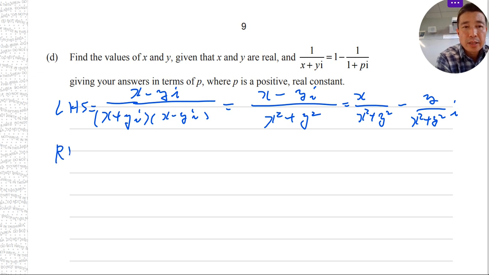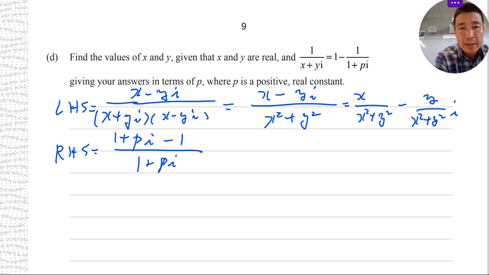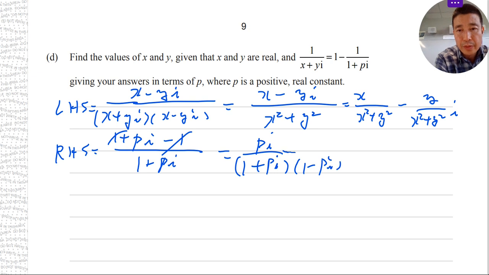And the right hand side, which is 1 minus 1 over 1 plus pi. So 1 can be written as 1 plus pi over 1 plus pi. I rewrite this: 1 can be 1 plus pi, and minus 1. I combine them. Now 1 minus 1 is 0, so pi over 1 plus pi. Now rationalize by multiplying by 1 minus pi.